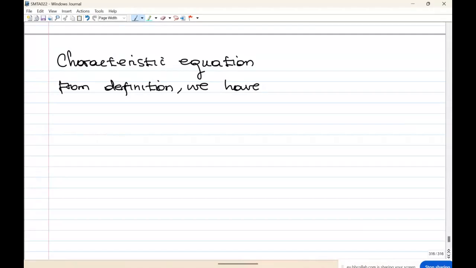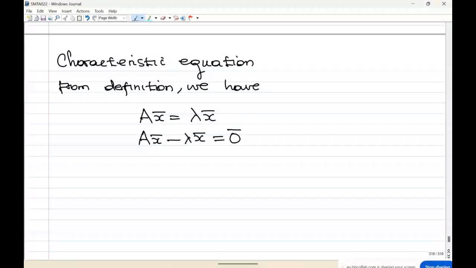Check the definition of when two vectors are parallel. You have Ax equals this lambda x. And from here you can come up with Ax minus lambda x equals this zero vector.